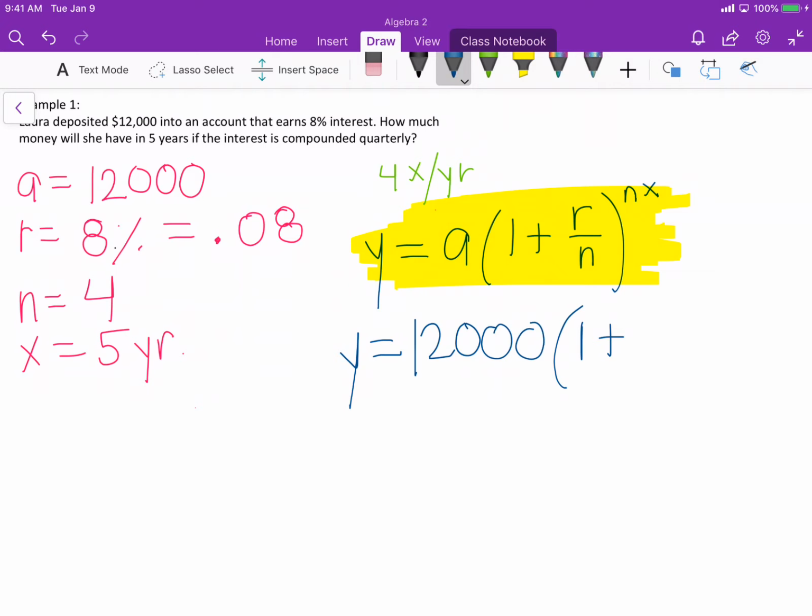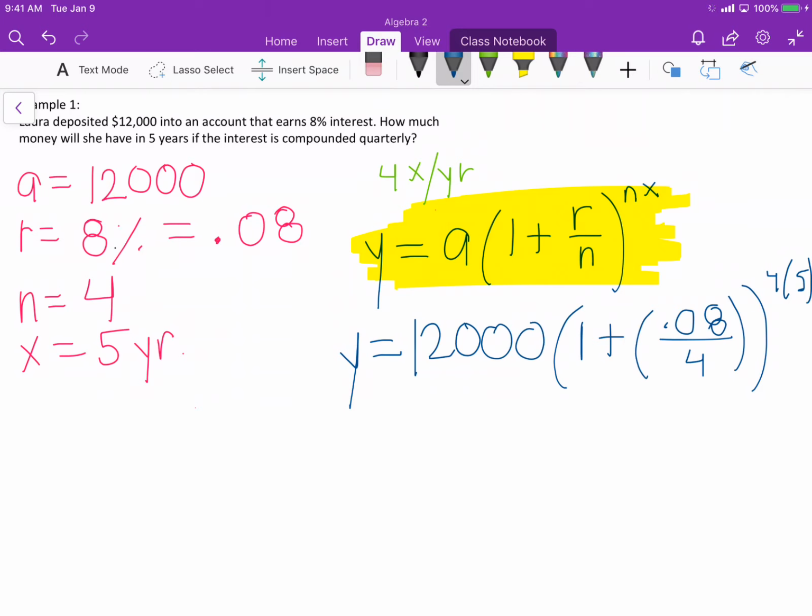So that would be 0.08 divided by 4. And then make sure to close those parentheses. You have double parentheses now. All raised to the power of n times x. So that would be 4 times 5.